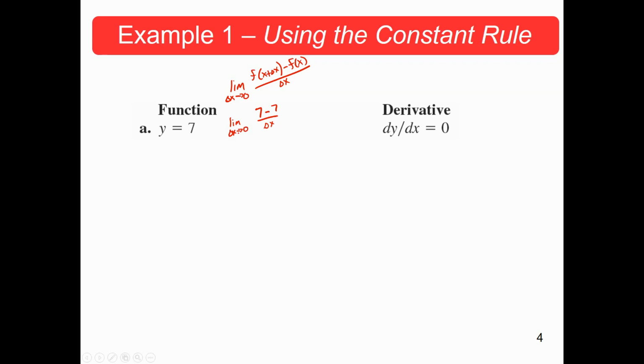All right, so this gives us 0 over delta x. Well, if I plug in delta x equals 0, I get 0. But what happens if I plug in a value close to 0?